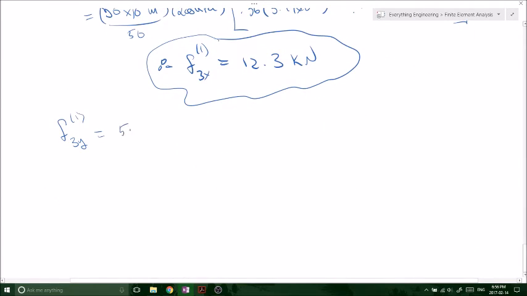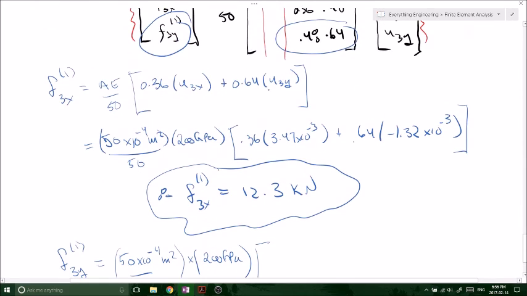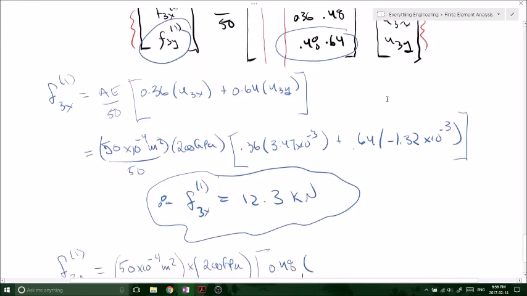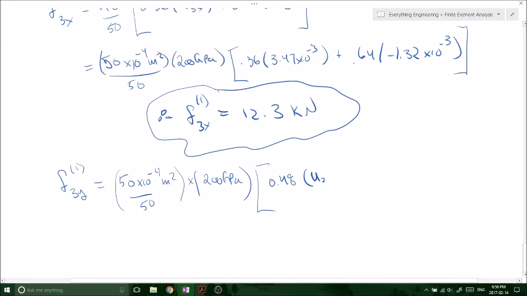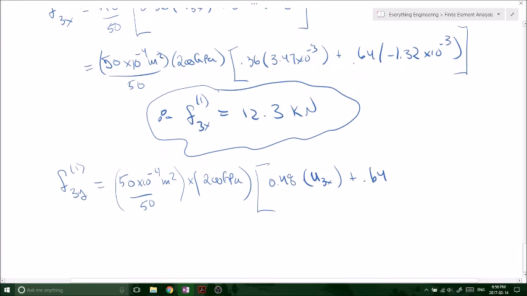So that is equal to the same area, same length, same modulus of elasticity, but now remember we're looking at the 0.48, that's times our U3x plus 0.64, just remember this is 0.64. That is multiplied by our U3y.